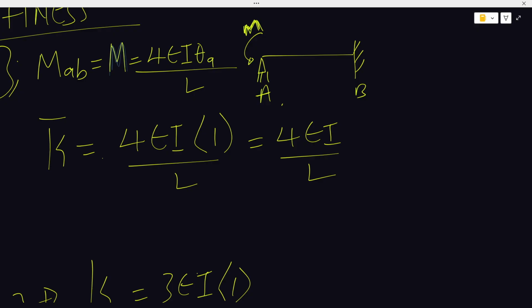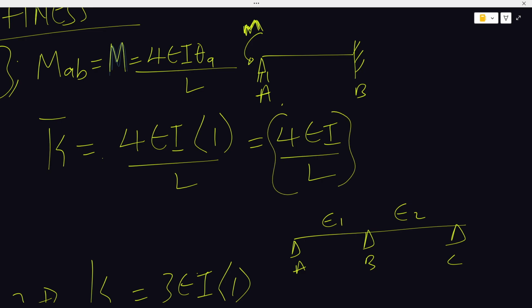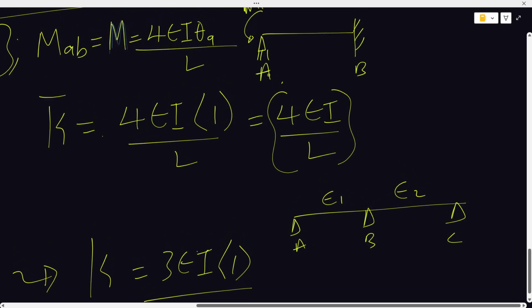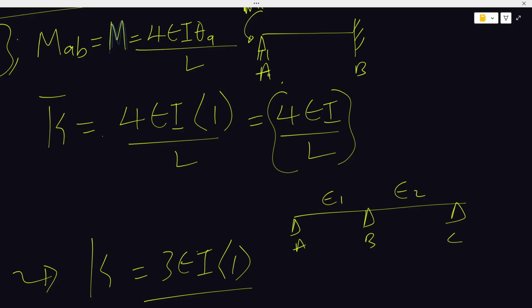For instance, maybe I'm dealing with this beam, A, B, C. If E1 does not equal E2, then it makes sense for me to still be using formulas with E, so that I can account for the E difference.